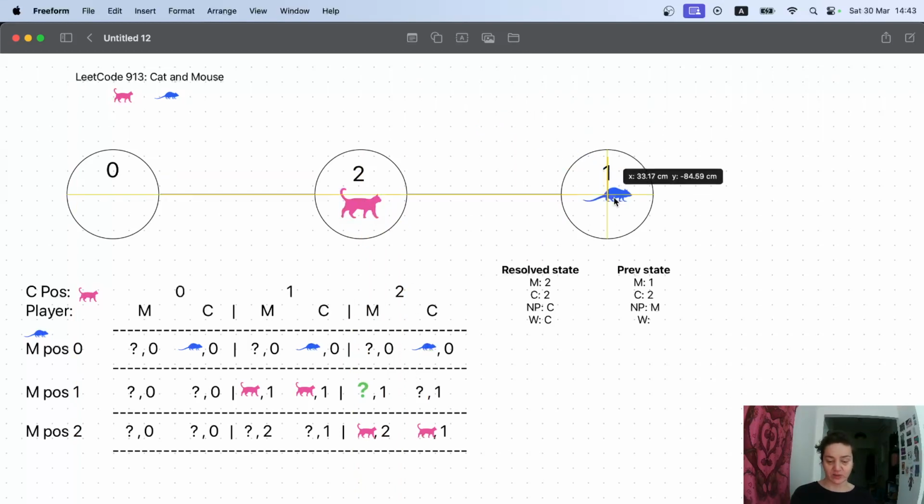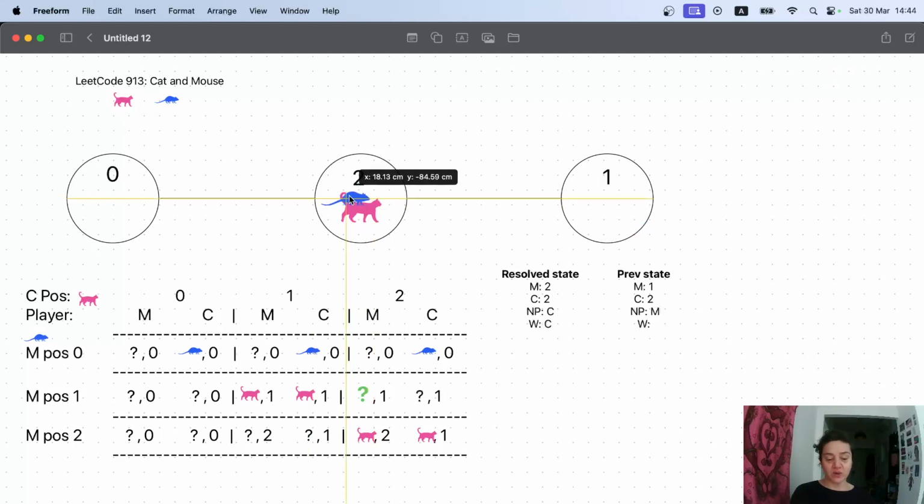Okay, now for every combination of where they are, let's do it together. We're going back to these positions, when we know it was the mouse's turn. He's at 1, cat at 2, his turn, and he makes the move onto this resolved state where he loses. This move is bad for him. So we go to the matrix to mouse at 1, cat at 2, mouse turn, and decrement 1 from the mouse move options. Maybe there are many, but this one is bad.